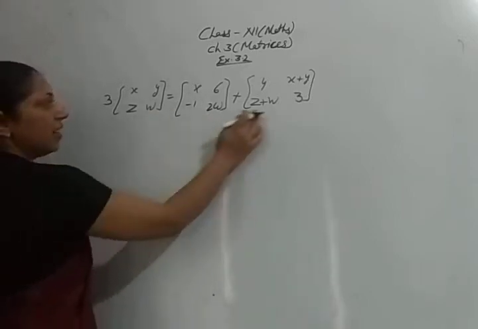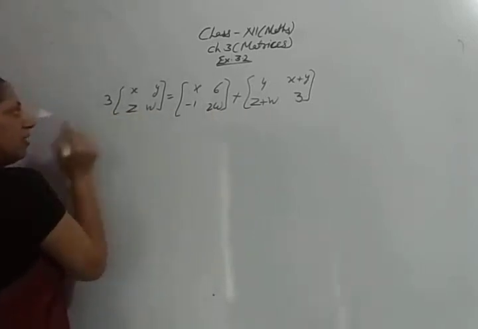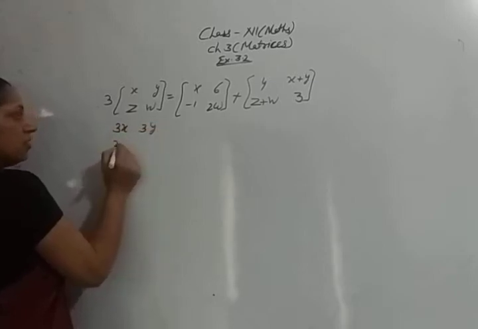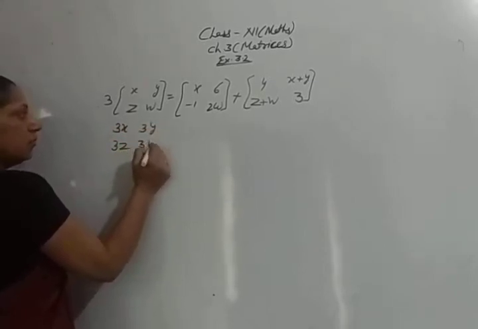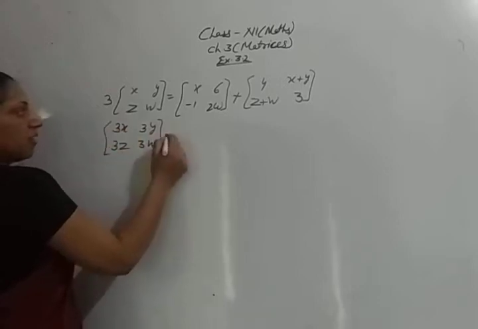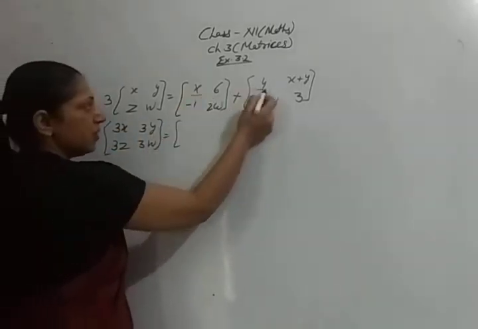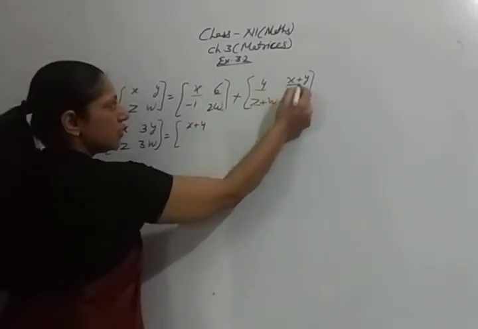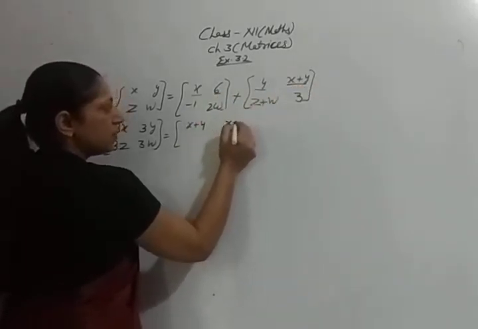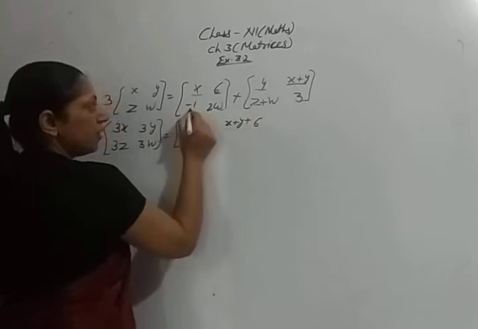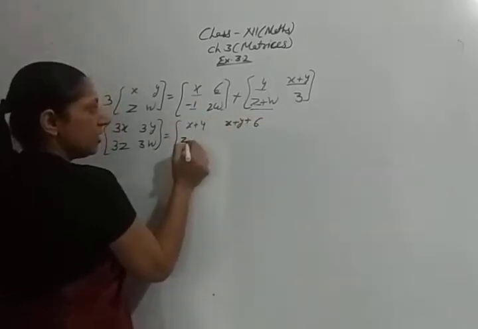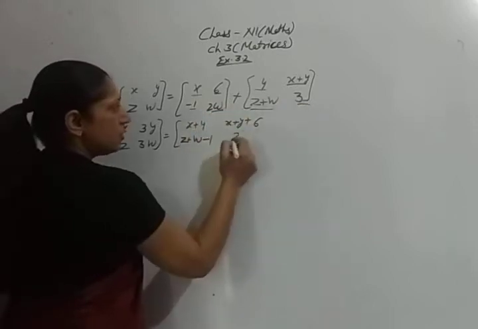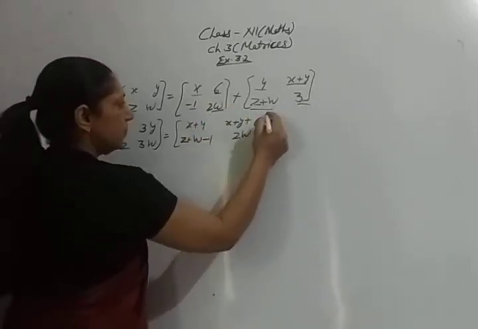Now first add these two matrices and multiply this. So this is equal to 3x, 3y, 3z, 3w. That is equal to x plus 4. This one is 6 plus x plus y. So it's x plus y plus 6. Now add this to 1. So it's z plus w minus 1. And add this one. So it's 2w plus 3.